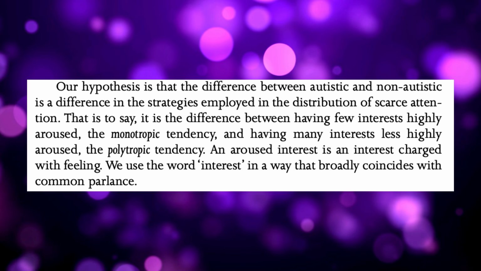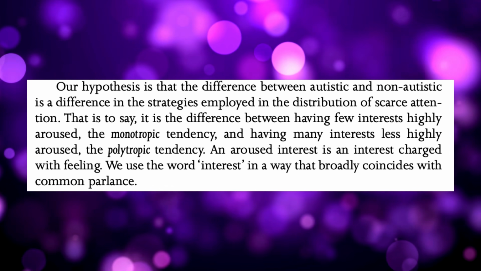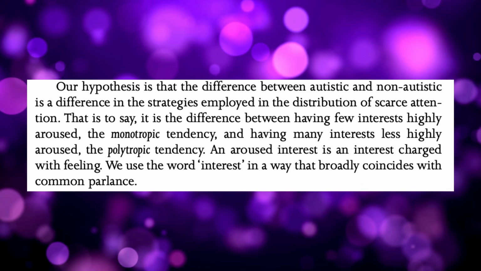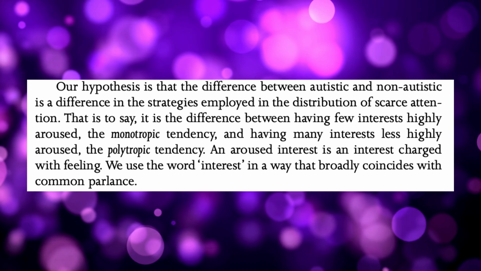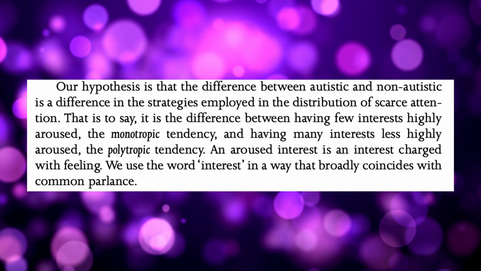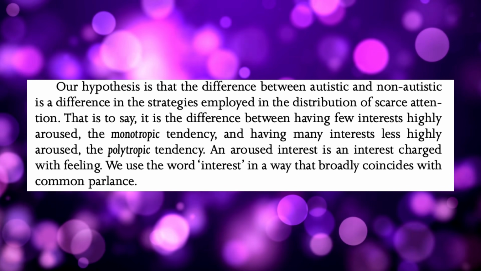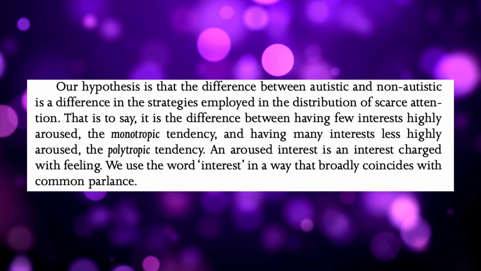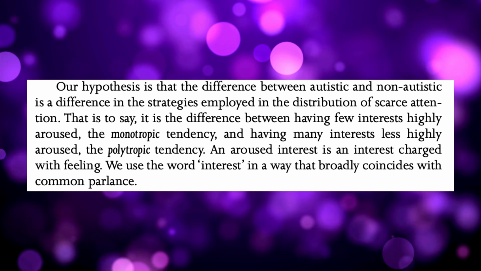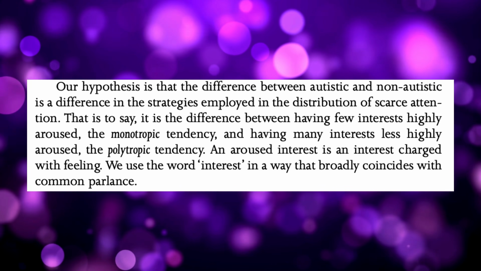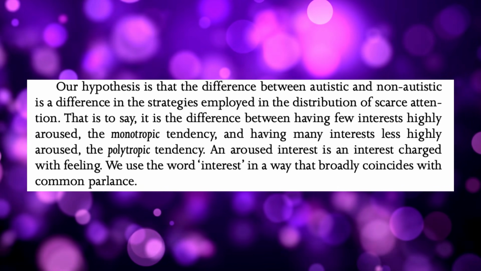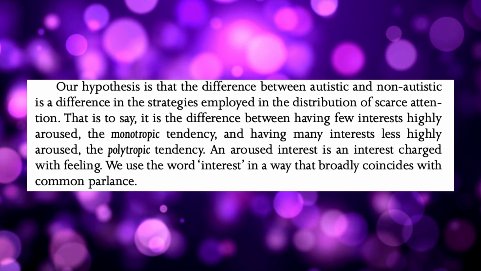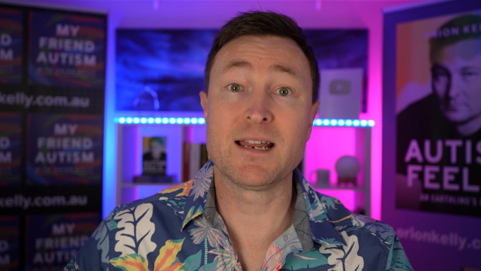Our hypothesis is that the difference between autistic and non-autistic is a difference in the strategies employed in the distribution of scarce attention. That is to say, it is the difference between having few interests highly aroused, the monotropic tendency, and having many interests less highly aroused, the polytropic tendency. Bloody fascinating, huh? Here's another one.